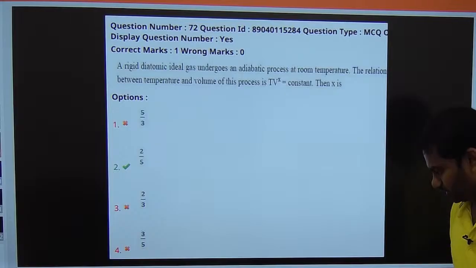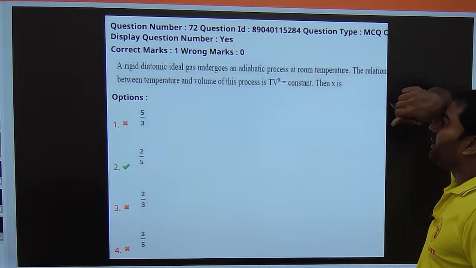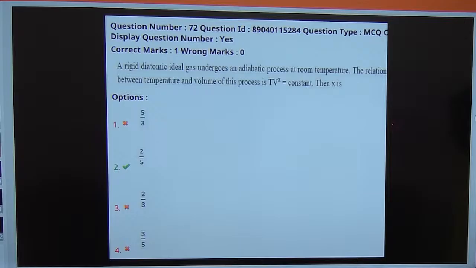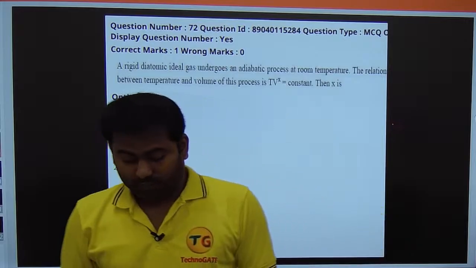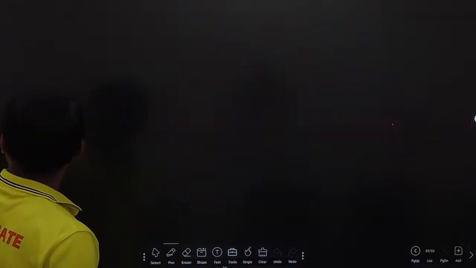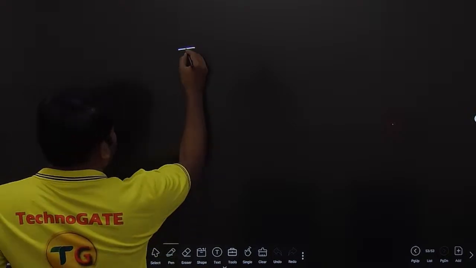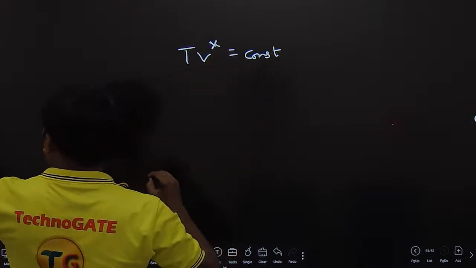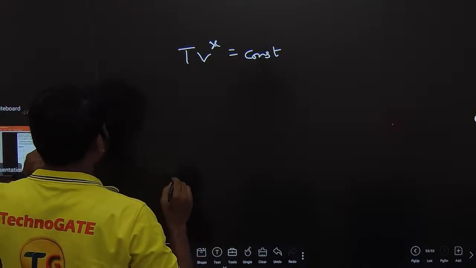In this question, it is given that a rigid diatomic ideal gas undergoes an adiabatic process at room temperature. The relation between temperature and volume of this process is TV^x = constant. Then the x value is equal to what?